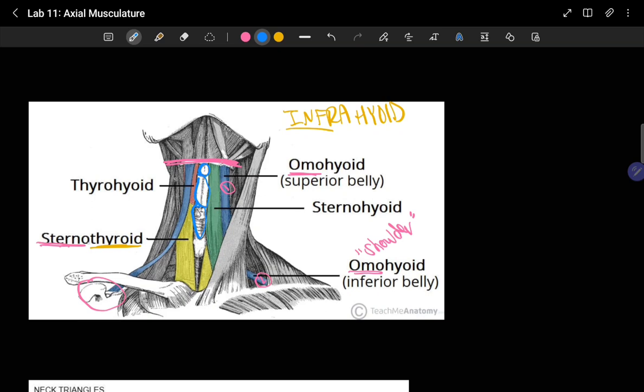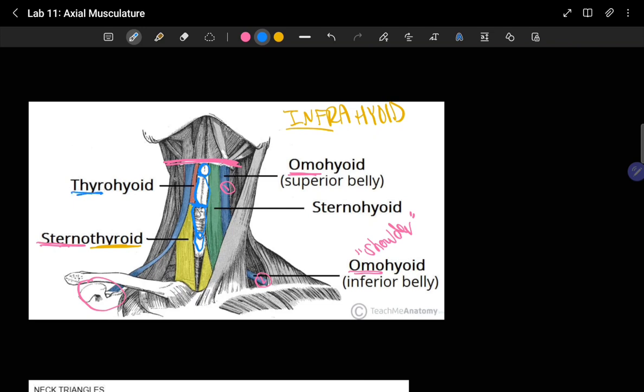Anytime you see the term thyroid or thyro, that's referring to these cartilaginous structures in here. So sternothyroid is only going to go about halfway up our neck here, and it stops at the level of the thyroid.